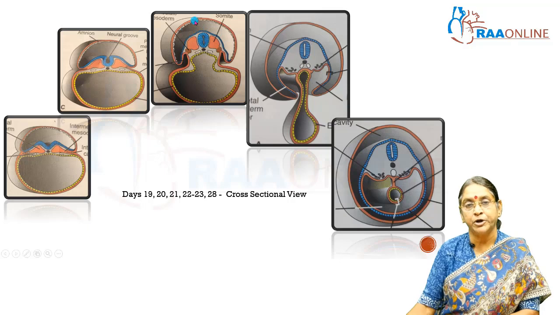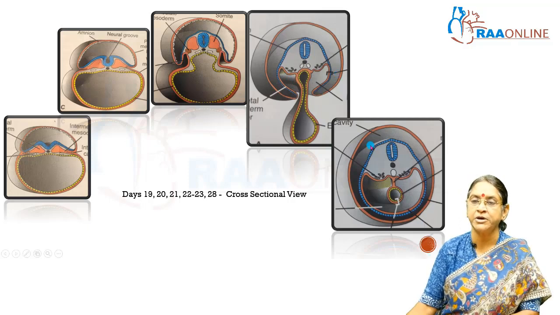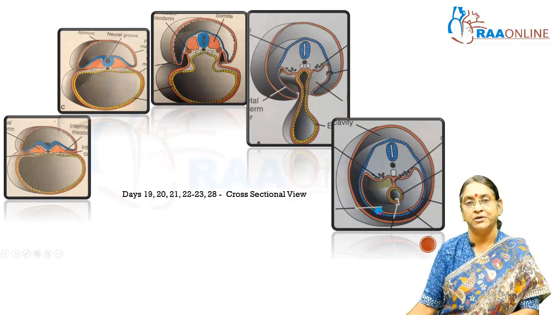So there is a predominant, well seen dorsal bulge. And here, the embryo is almost becoming a cylinder because of the folding, and it has become a cylinder by the 28th day. These are all cross-sectional views.